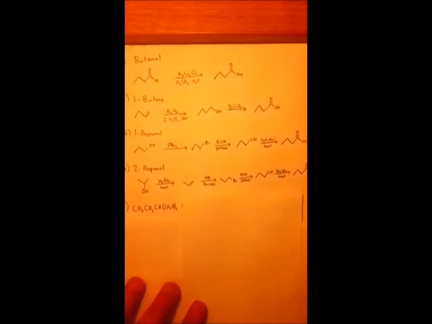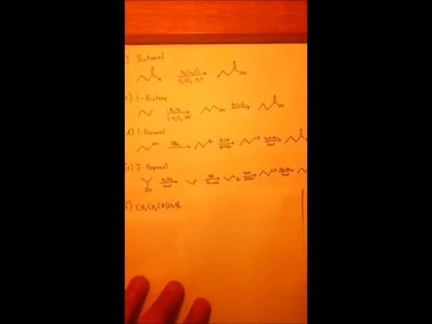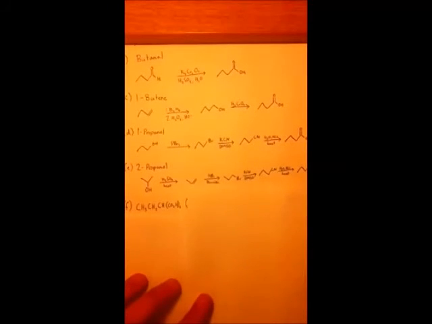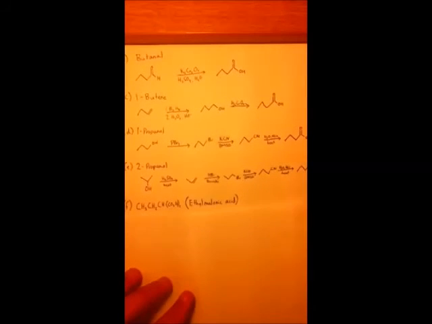So the final problem, you're going to have CH3, CH2, CH, and CO2H, and there's two of those, and that's called ethylmalonic acid, actually.